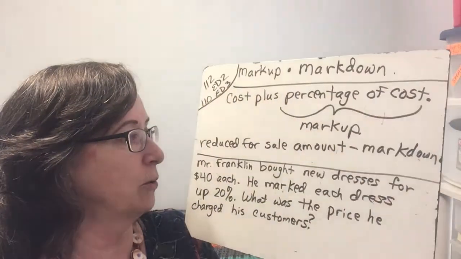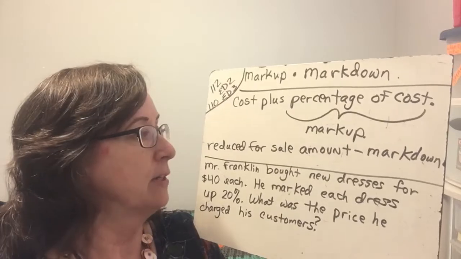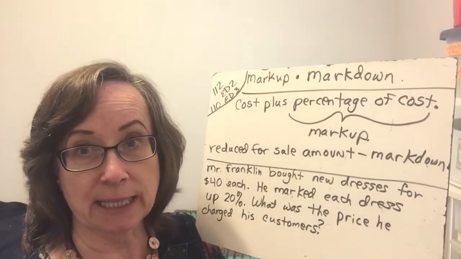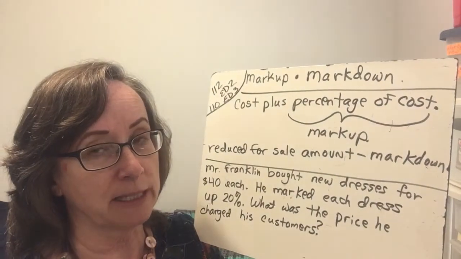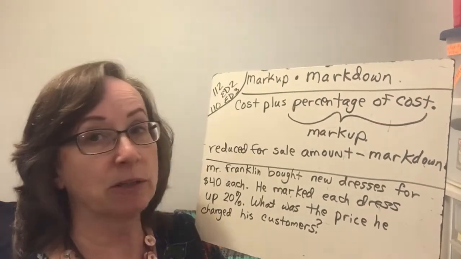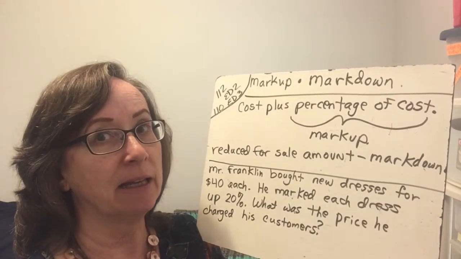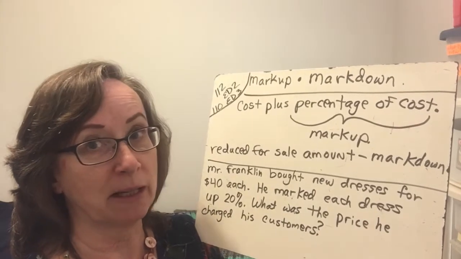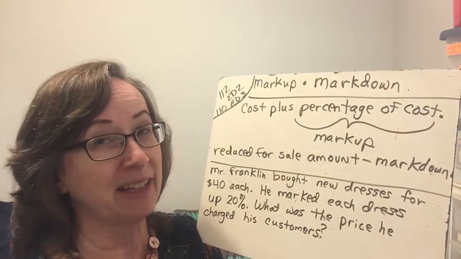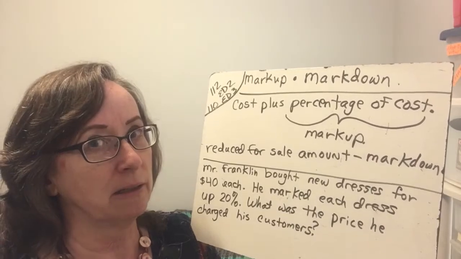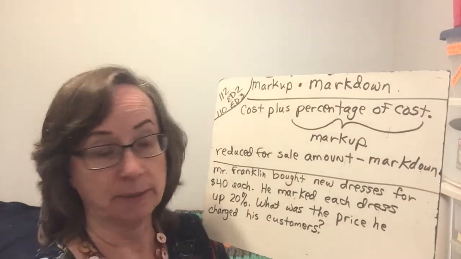It's hard to sell hats and gloves in the summer, so he is going to have to mark his item down. If this pair of gloves were $10 to start with and he marked it down 10%, then 10% of $10 is $1. So he would sell the item for 10 minus 1, or $9, and that would be a markdown.